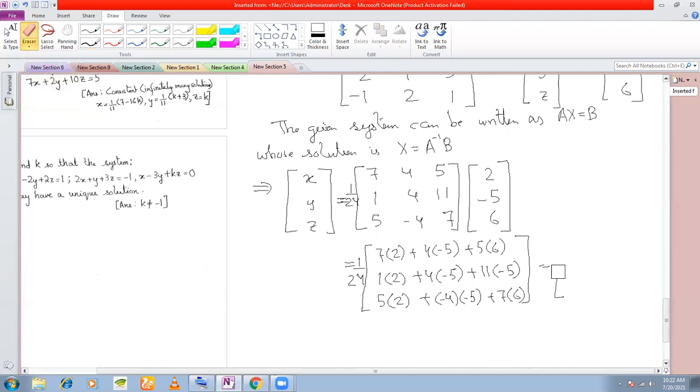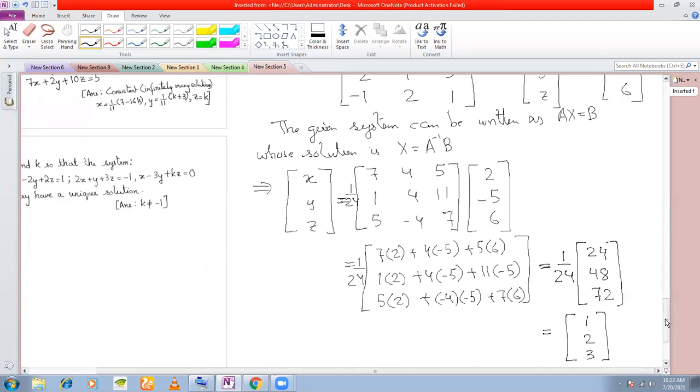So now this becomes 1 by 24 times 24, 48, 72, which is equal to, now you multiply 1 by 24, you will get 1, 2, 3.